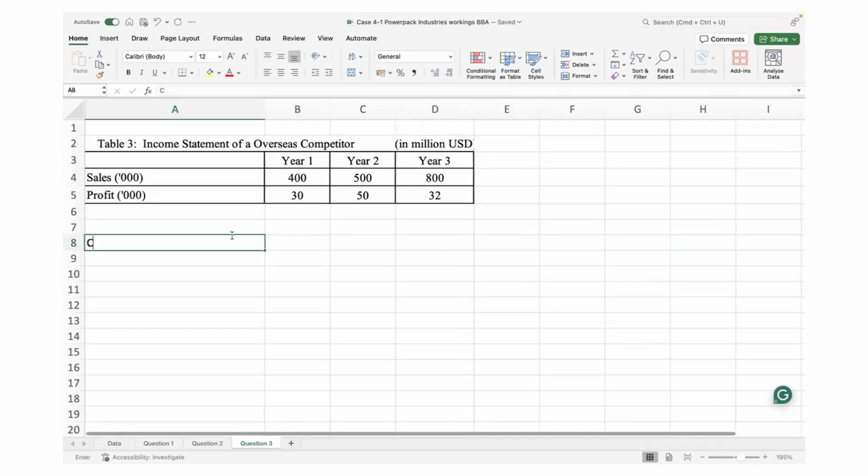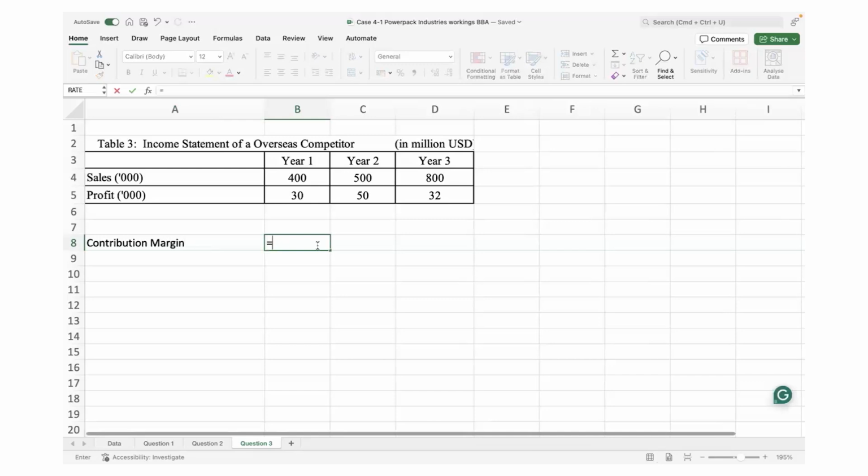So, contribution margin for the competitor is equal to the difference in the profit divided by the difference in the sales value. So, we have a 20% contribution margin.